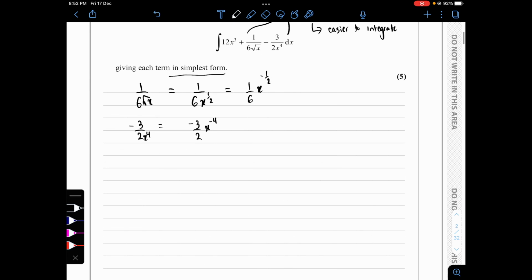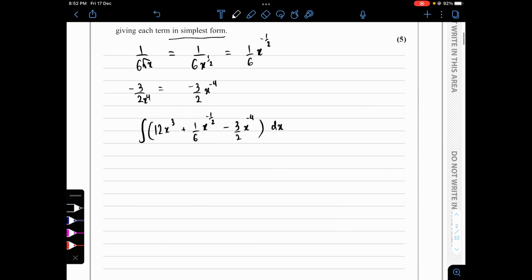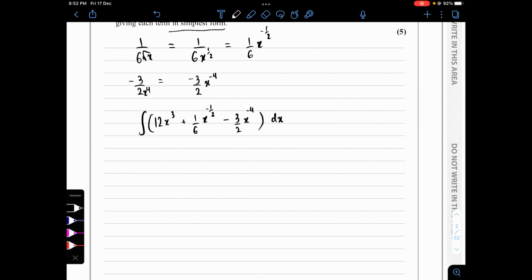So now we can integrate. The integral of 12x squared, plus 1 over 6 x to the power of negative a half, minus 3 over 2 x to the power of negative 4, dx. So how do we integrate? We add 1 to the power and divide by the same number.